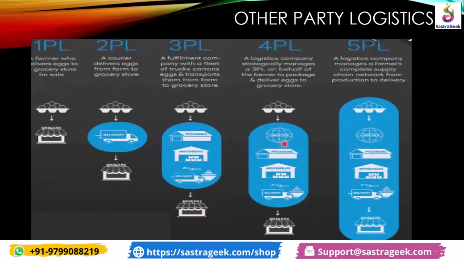So these fourth parties are nothing but process improvement companies which keep an eye on a 3PL's execution. They do not participate. A very simple example is Google and Alphabet. Heard about Alphabet?